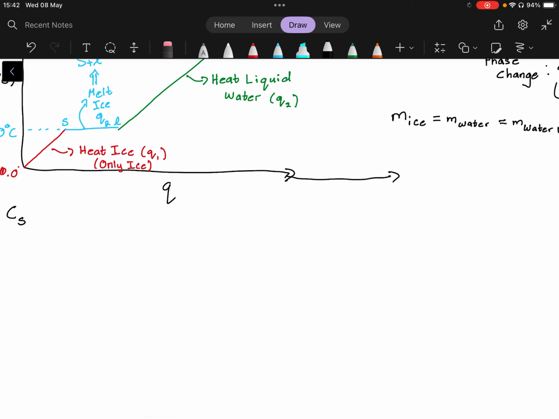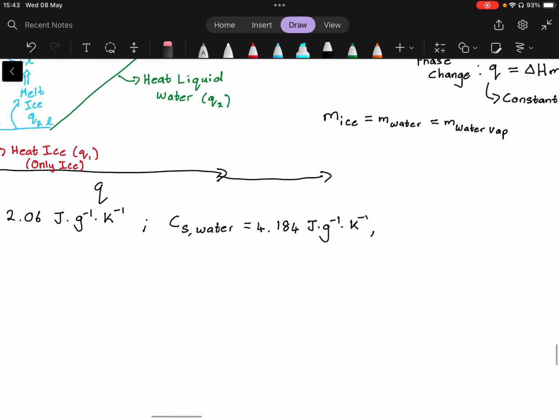So the specific heat capacity of ice, so solid water, is equal to 2.06 joule per gram per Kelvin. The specific heat capacity of water, so liquid water, is equal to 4.184 joule per gram per Kelvin.